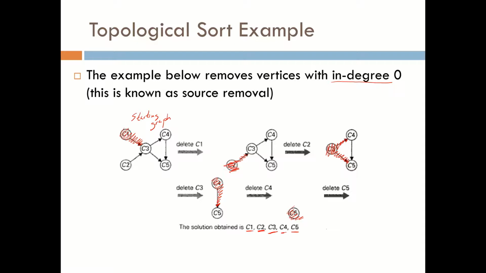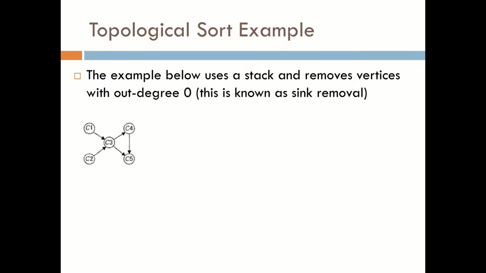Okay, let's look at one with sink removal. The only thing that's different about sink removal is that we will create a stack, and we'll focus on out degree 0. Okay, and this is called sink removal. So what has out degree 0?